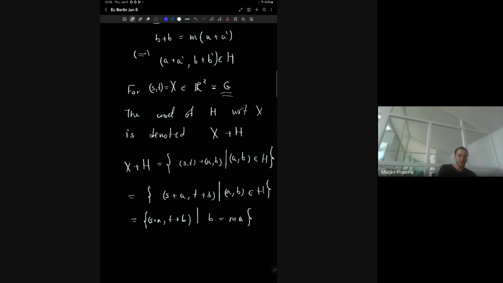So I pick a general element in the group. This is just a point (S, T), with no restriction. And now I look at the coset of H with respect to this element. What is it?